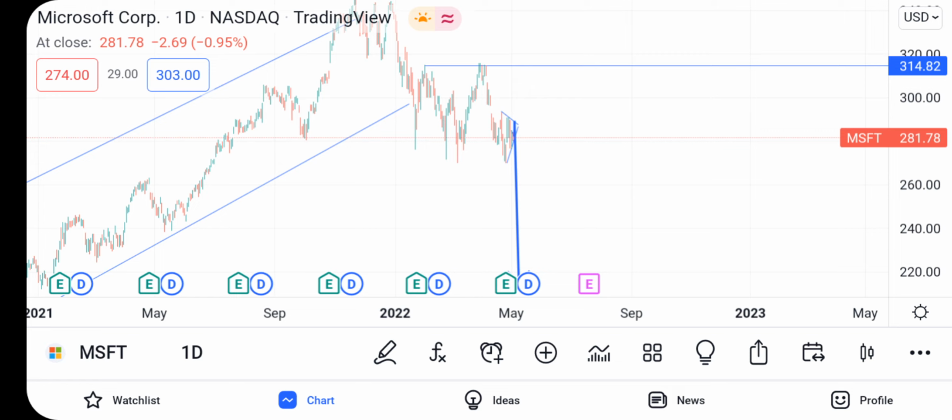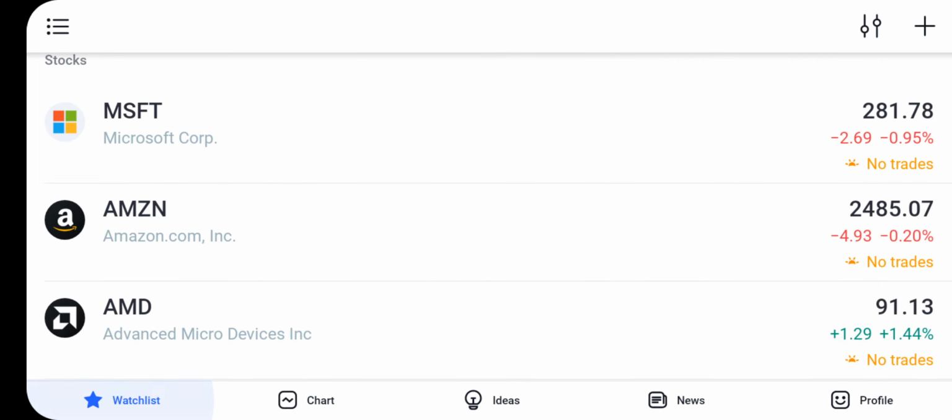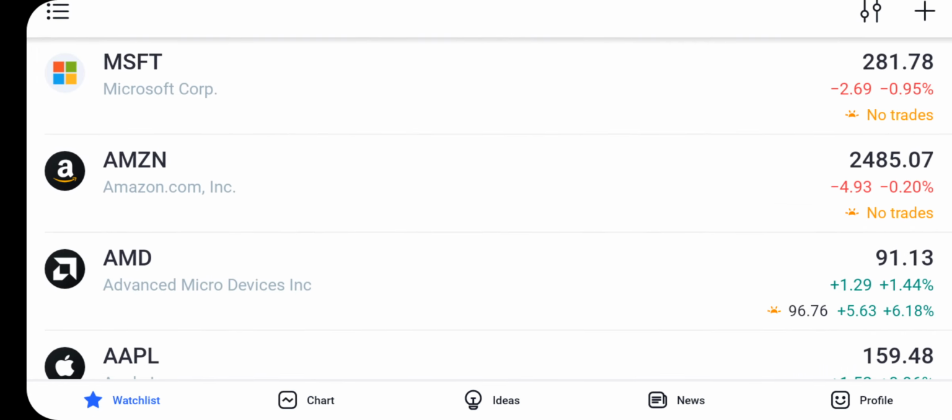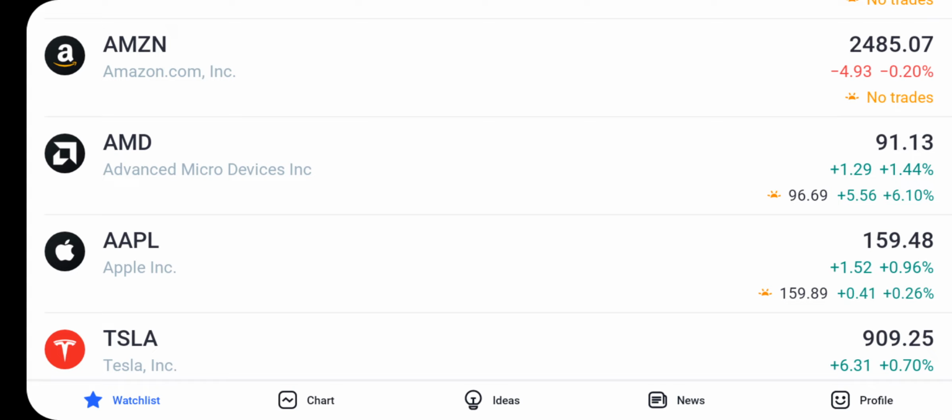Currently we are in May in South Africa, 2022. Let me quickly show you how we look at this market, guys. On my watch list, you can see these kinds of stocks. They are the ones that most affect Nasdaq, and Tesla too.